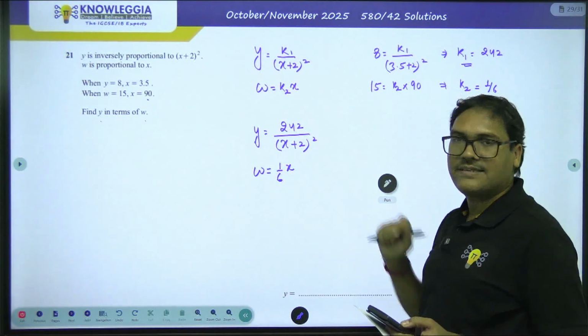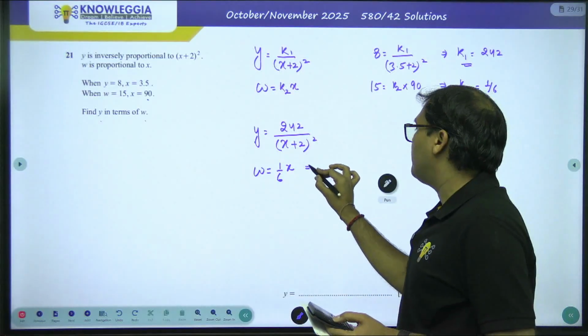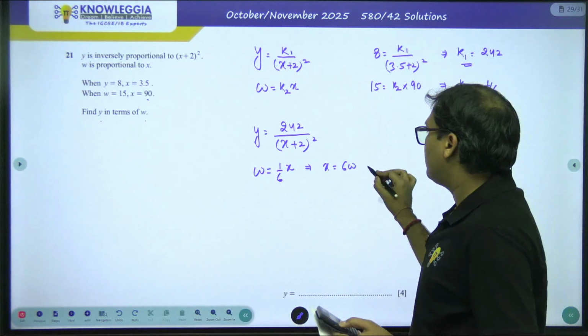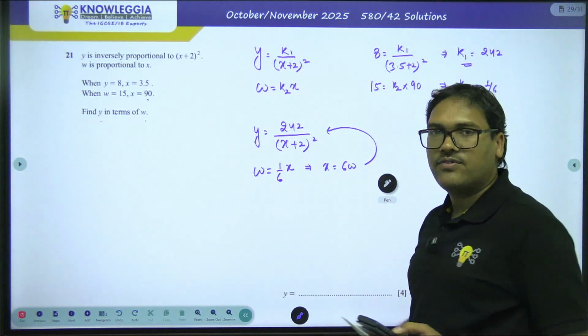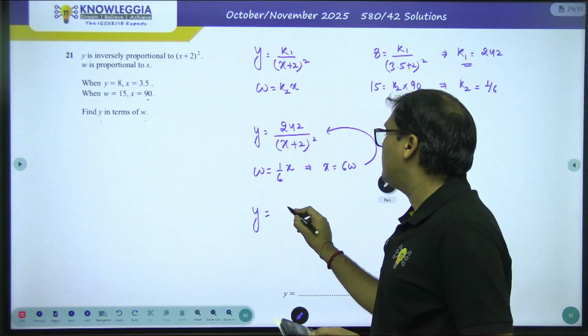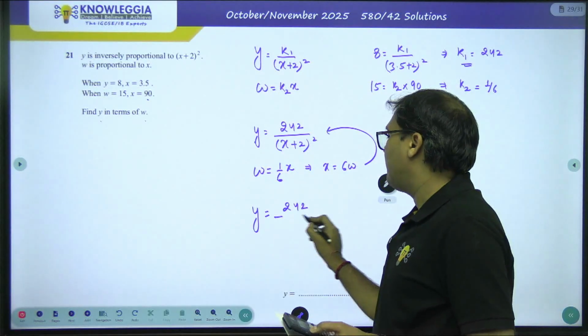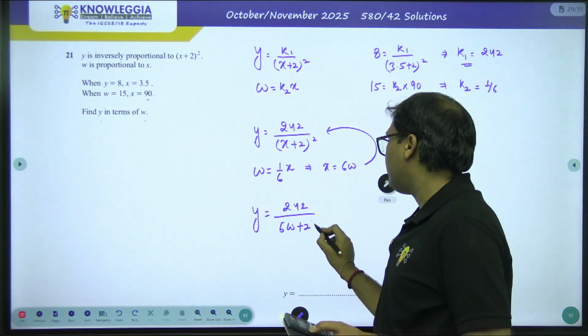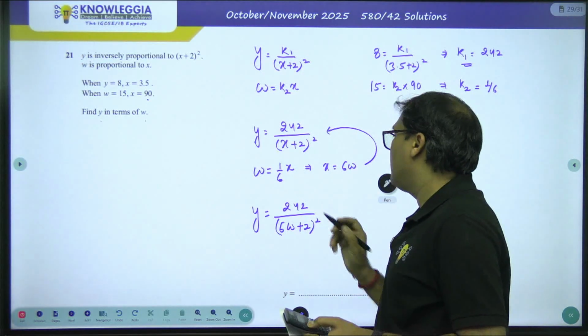That means you don't want x. What is x from the second one? x is 6w. So if I substitute this, that will give you the relation between y and w. So y is equal to 242 divided by (6w plus 2) square, right?